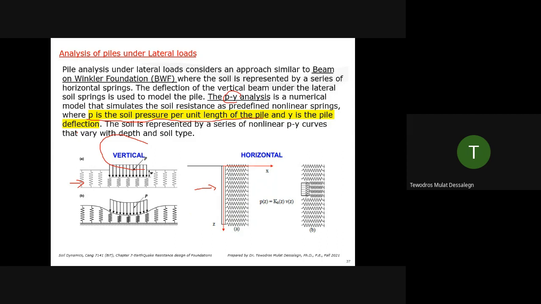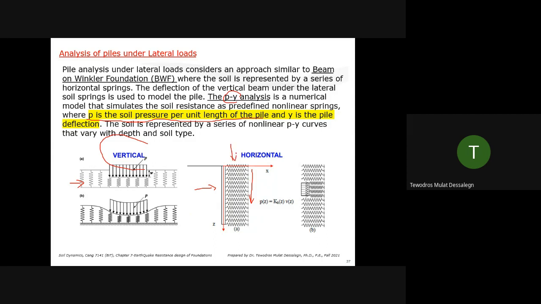It's similar to beam on Winkler foundation, but now since we have our pile vertical, the springs are horizontal. And the spring stiffness can change downward because the soil usually gets stiffer. If it's shallow, you can probably assume it's the same. And the springs, we can estimate them depending on the G value.